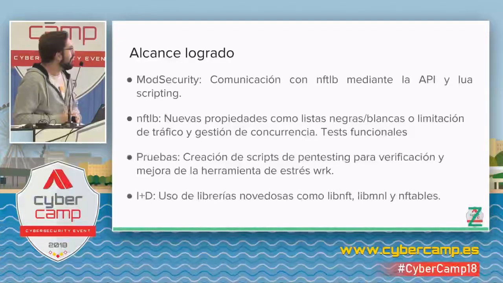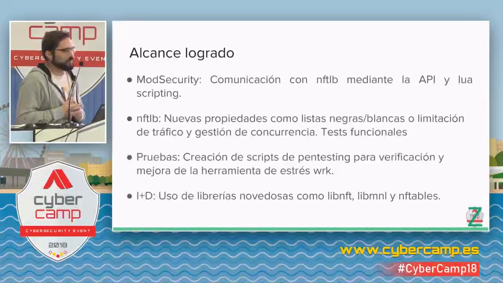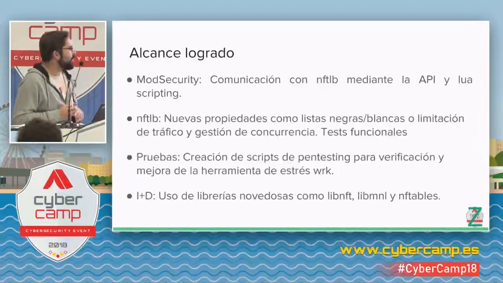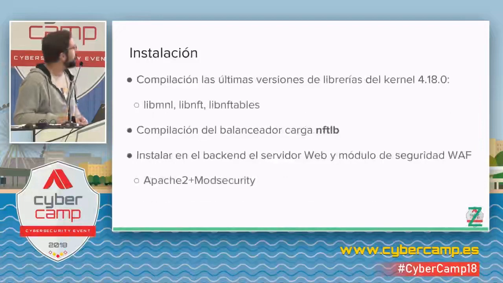During the tests, we have checked the scripts. We have created the scripts, sorry, for pen testing and verification. And to see the efficiency, we have managed to have a tool that behaves in a distributed manner, as if different users were connected at the same time. We've also tried to use new libraries. We'll see which ones later on.